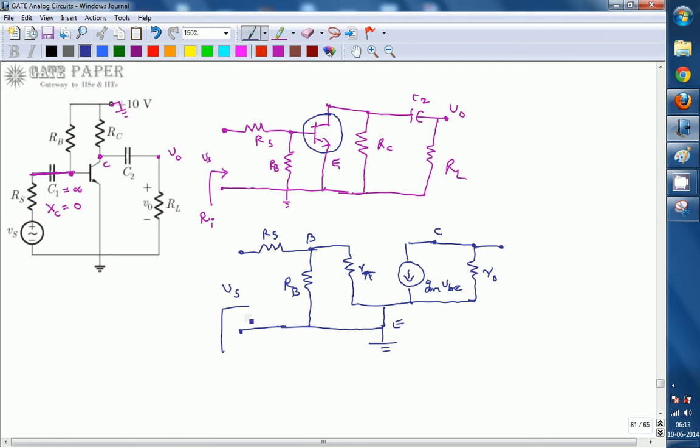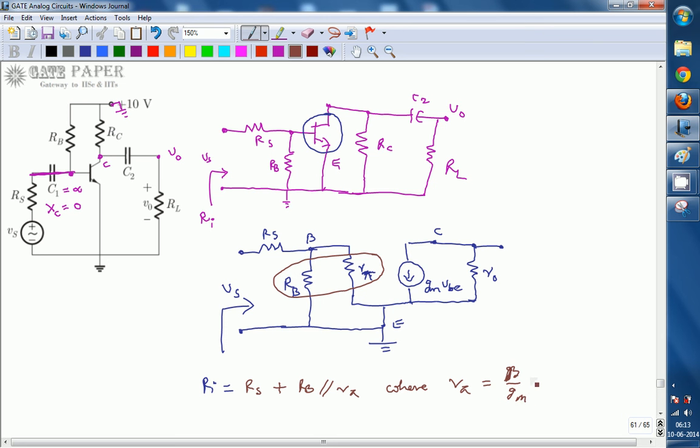Now we go with the equivalent resistance seen, Ri. Whenever you look into this, RB and r pi are in parallel, and this parallel combination is in series with RS. So you can write it as RS plus RB parallel r pi, where r pi can be calculated as beta by GM.